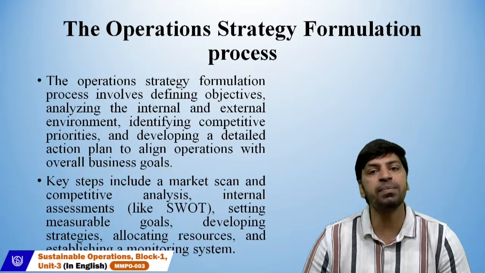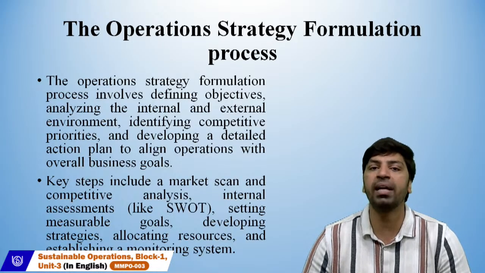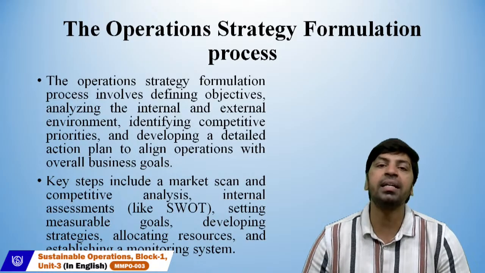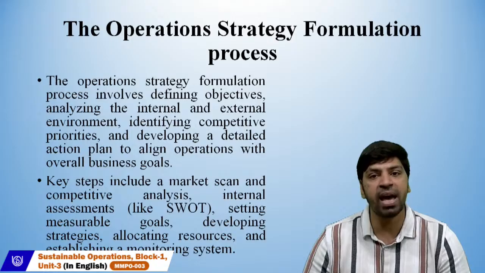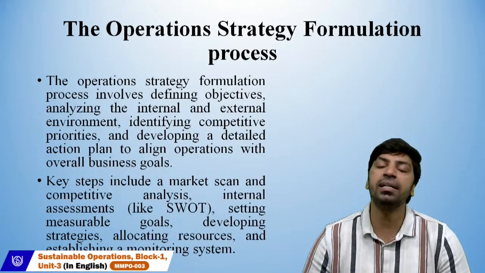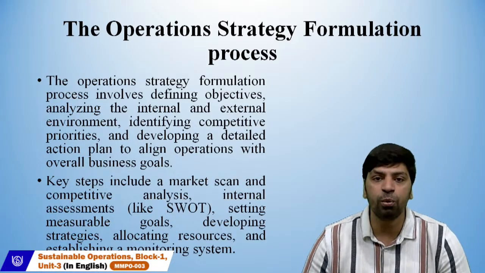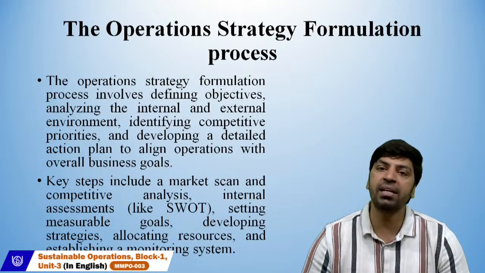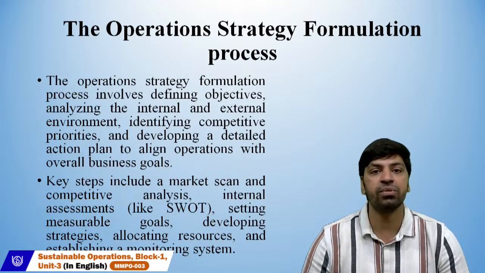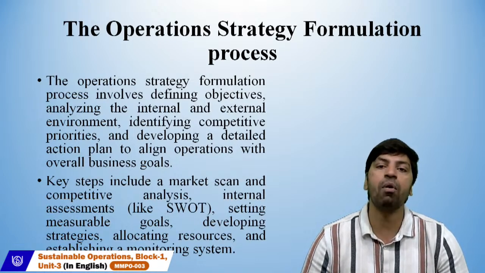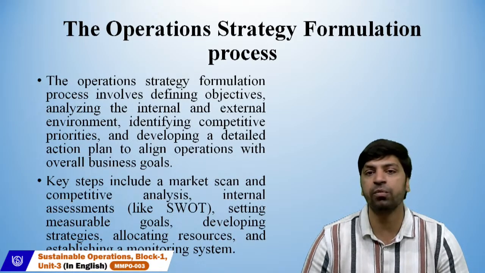The key steps always followed by the organization include market scanning, competitive analysis, internal assessment like SWOT, setting measurable goals, developing the strategy, allocating the resources, and establishing a monitoring system. It could be an MIS system as well.